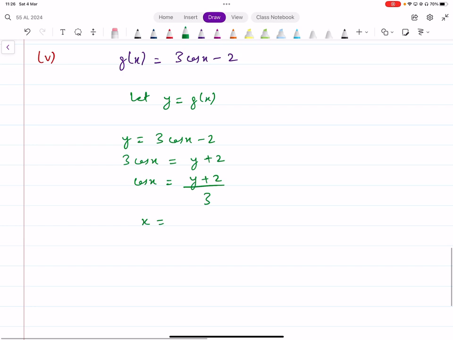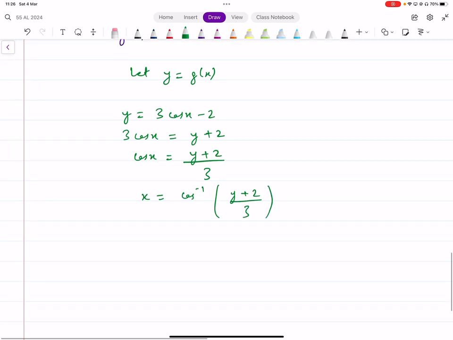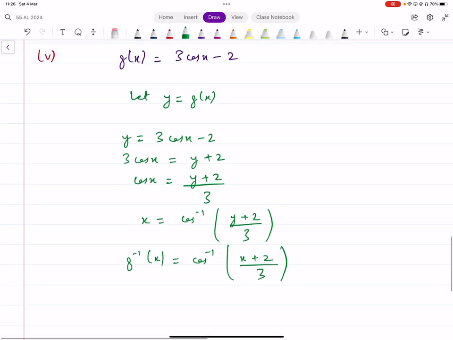And then x equals cos inverse of y plus 2 over 3. And now write g inverse back. g inverse of x equals cos inverse of x plus 2 over 3. This is your inverse function.